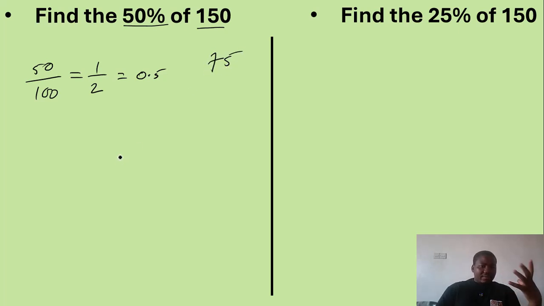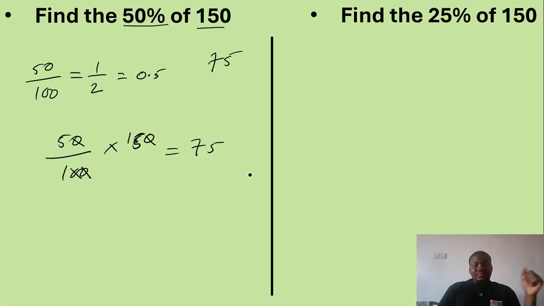But if you are not so sure and you want to do the calculation yourself, you can say 50 over 100, that's 50%, of, make it that times 150. So 0 cancel 0, that's like dividing by 10. 0 cancel 0. 5 times 15 is still 75.